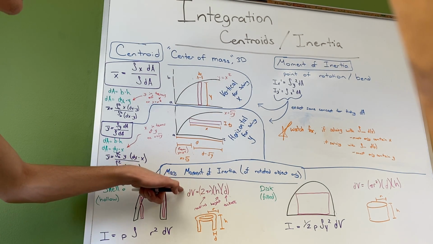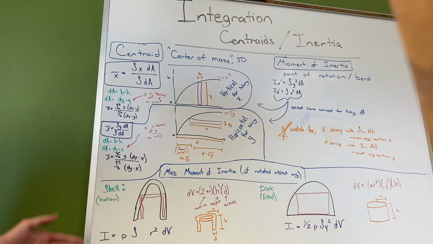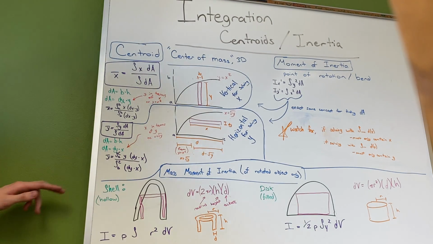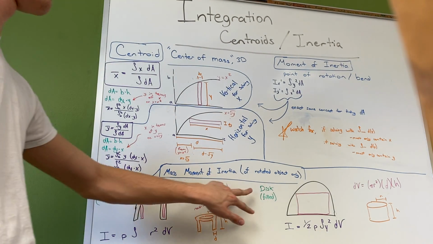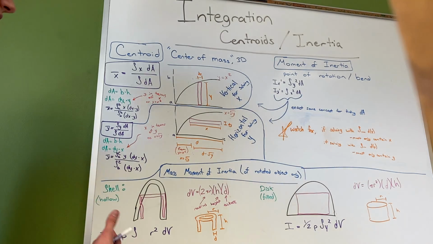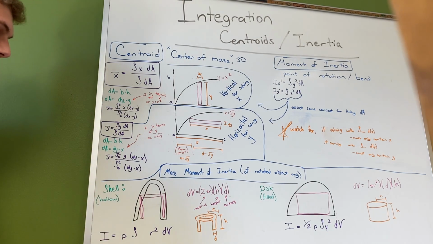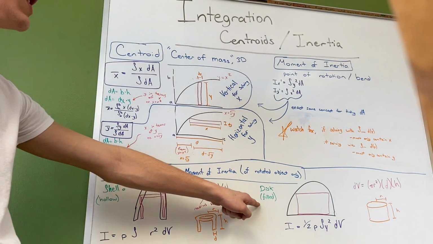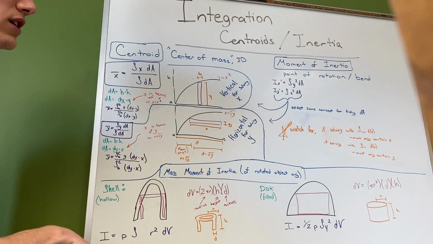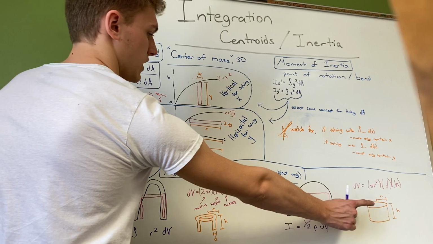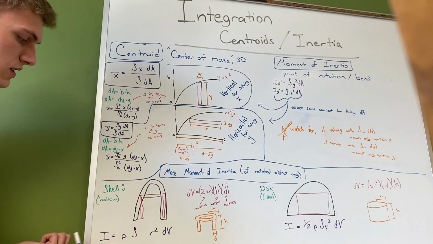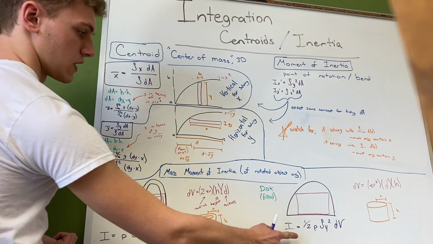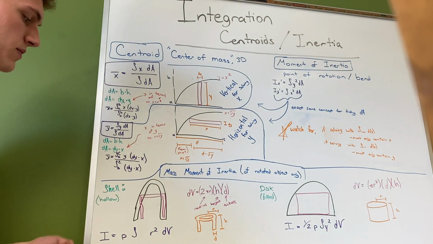Then finally, for mass moment of inertia, or for a rotated object, you have either a shell method or a disk method. A shell method would mean it's hollow on the inside, so you're looking at something like this shape. If you're doing something with a disk, that means it's filled in the middle, and you're looking at something like this shape. So these in purple are the equations that you have for either of those methods.